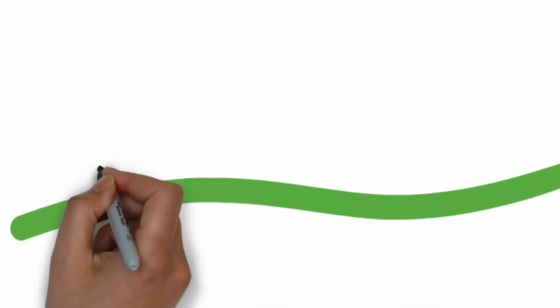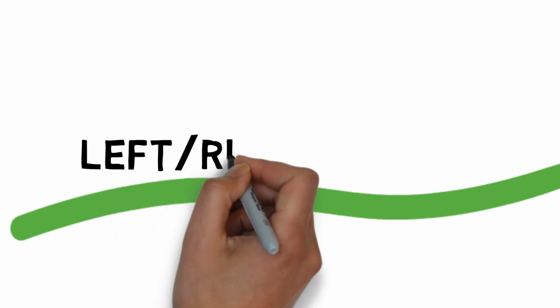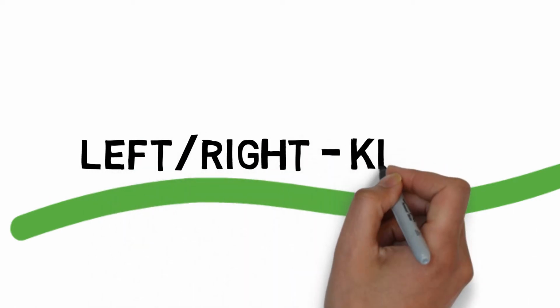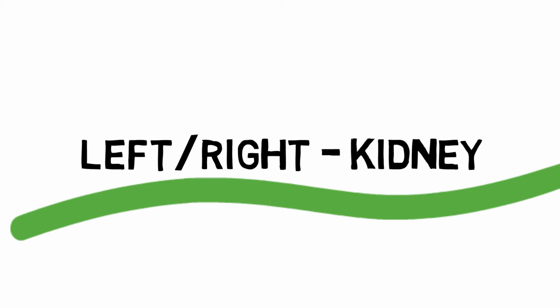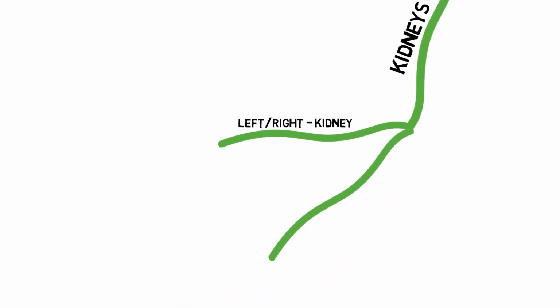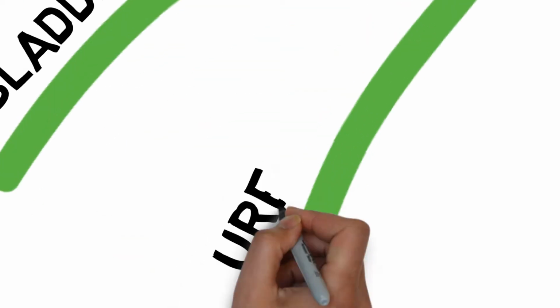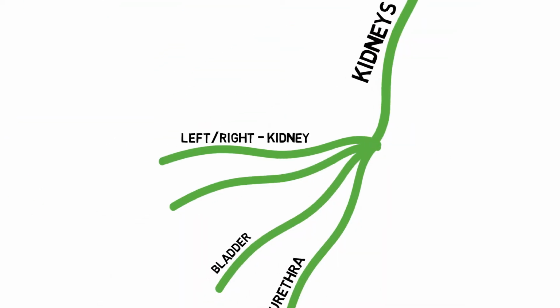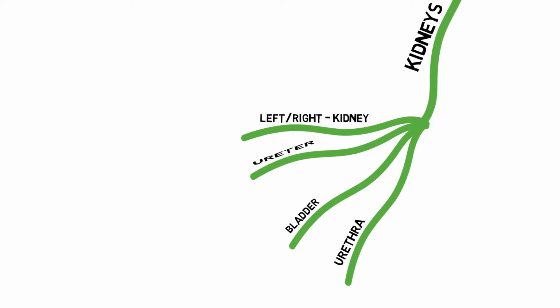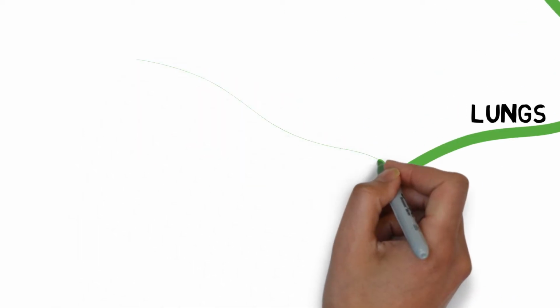What are some of the things that are in the kidney? So you have one, of course, the right or the left kidney. You have the bladder, you have the urethra, and you have the ureter. So those are the 4 main components of the kidneys. And then we can move on to the lungs.